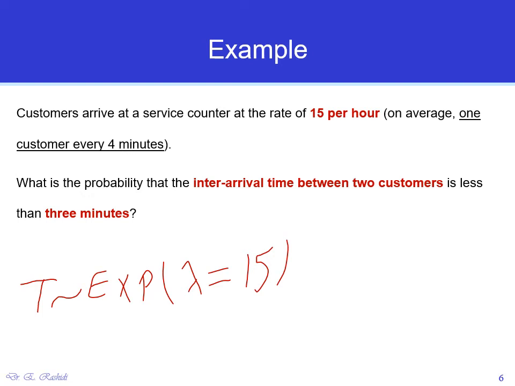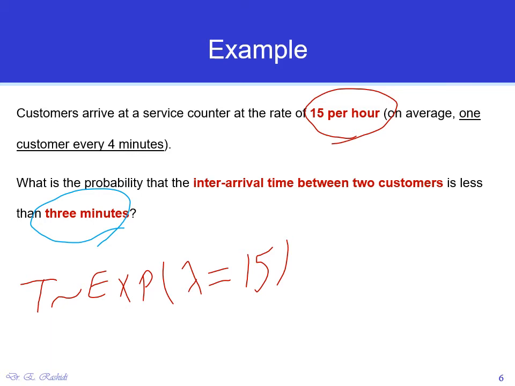In this type of question, you have to be careful to have the same scale for all your values. Here we have the rate in hour based, and the question is asked for minutes based. So you either have to go everything in hour or everything in minutes. Let's go everything in hour.